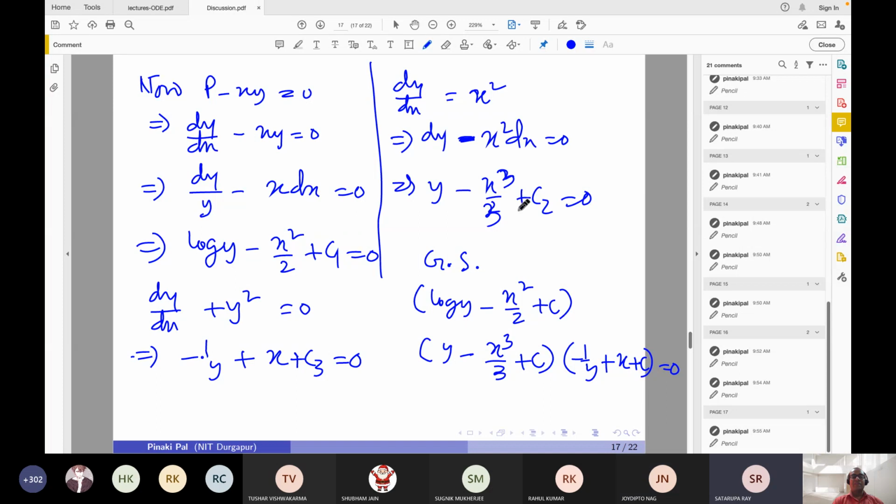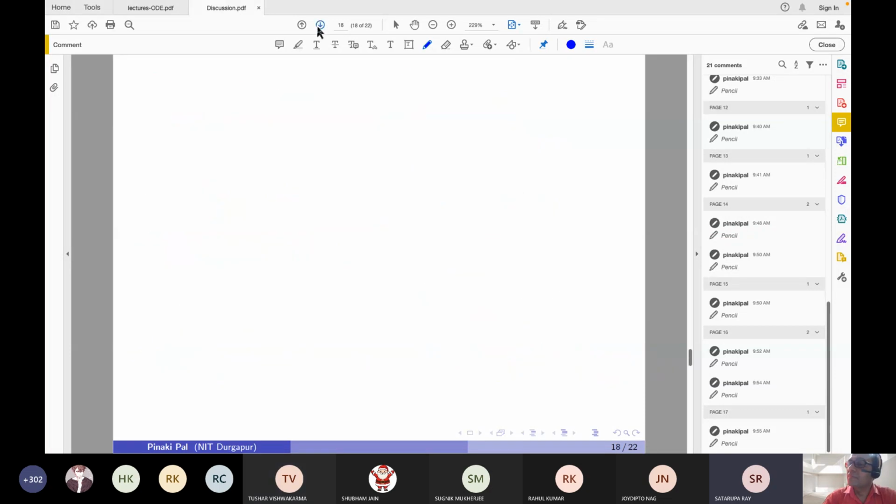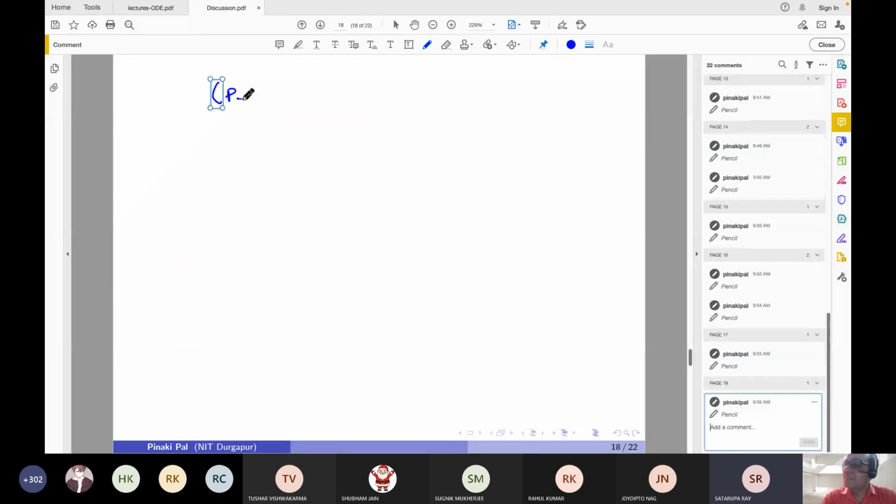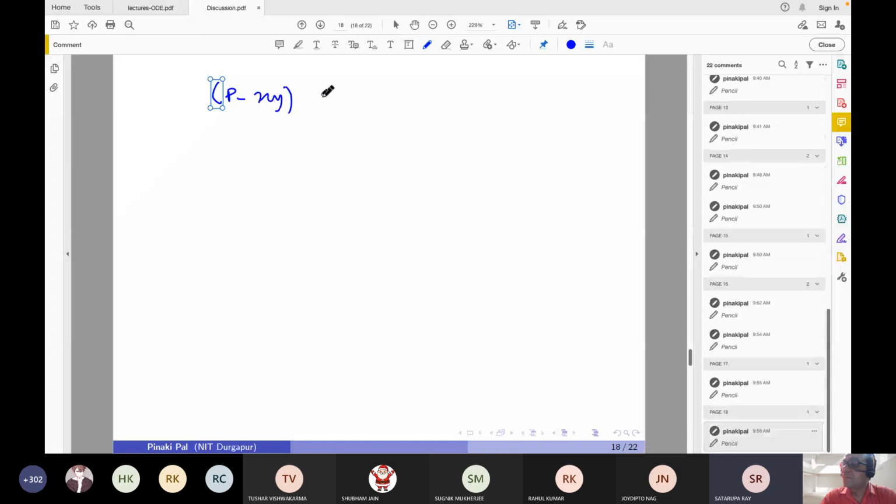Acha. So it can be shown that if the individual functions satisfy the factor equations, then the product will satisfy the original differential equation. For example, you have the differential equation p minus xy into p minus x square into p minus y square equal to 0.